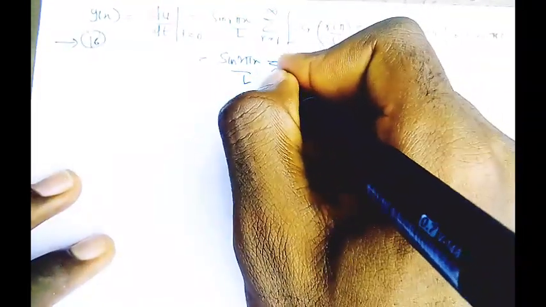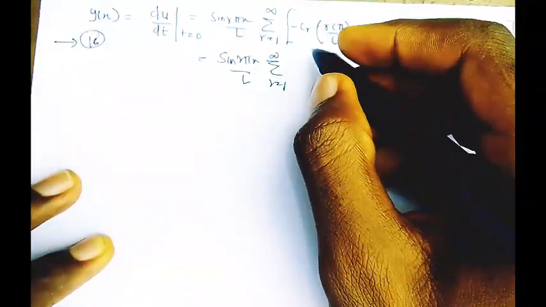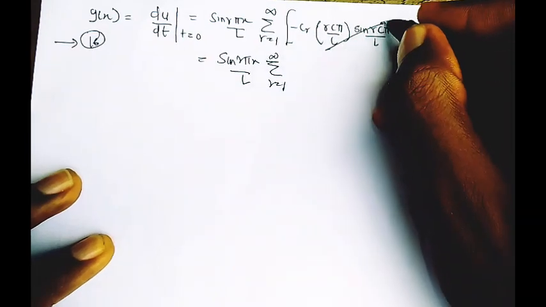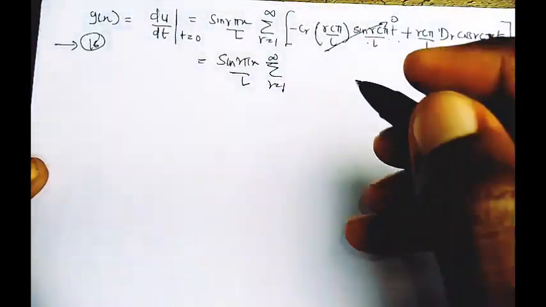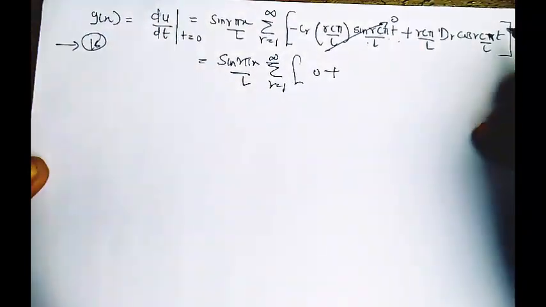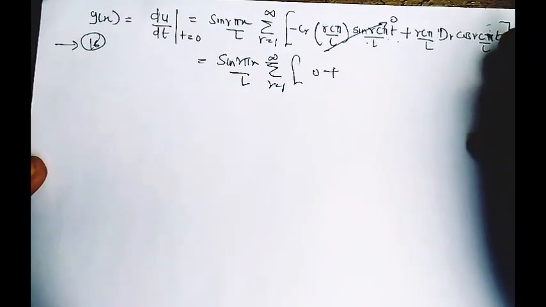So now let's call this my step 16. So this is r pi x over L, summation r equal to 1 to infinity. When I put t equal to 0, this automatically becomes 0 because sine 0 is 0 and 0 times everything is 0. So this is 0 plus, when I put t equal to 0, this is cos 0, and cos 0 is 1.